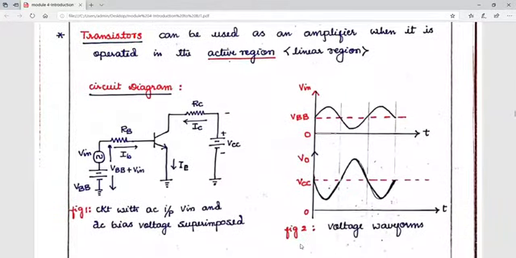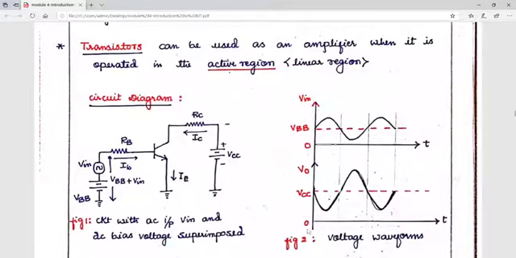Now if you see the particular circuit to make a transistor operate as an amplifier, you can see here that we have an AC supply connected in series with the resistance RB connected to the base of the transistor, and to the collector we have the resistance RC, which is connected to the collector of the transistor and given to a DC source plus VCC. And similarly here we have another DC source, that is plus VBB. Clear?